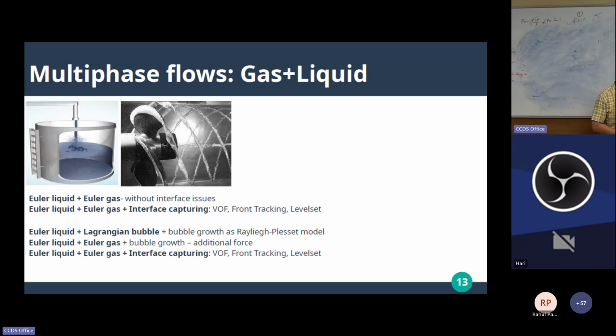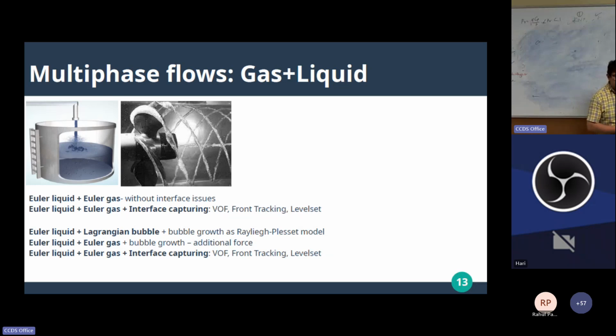Sometimes these bubbles are 10 micrometers, 20 micrometers in size, and the eye may not be in a position to detect them. Millions of bubbles are created around these propellers and start bursting, creating shock waves, and the material will be eroded.